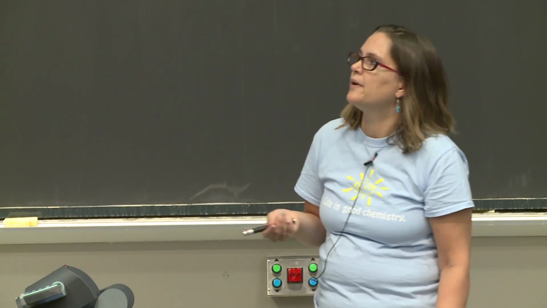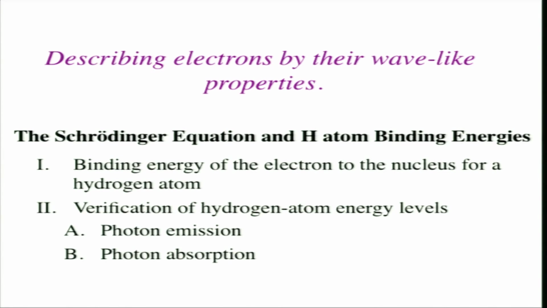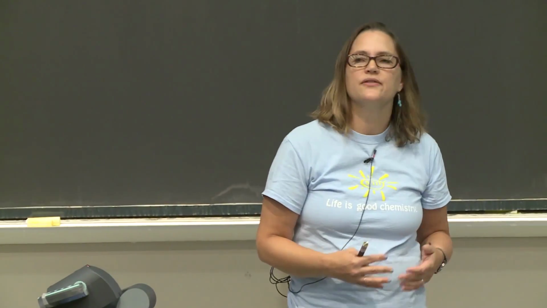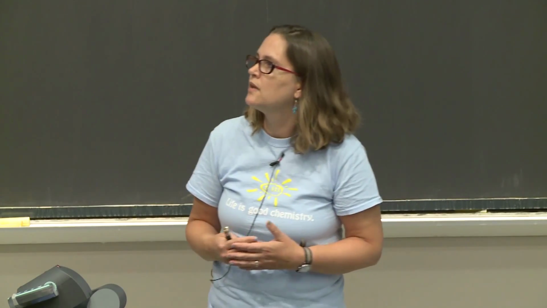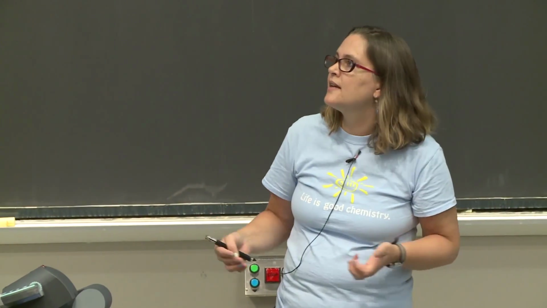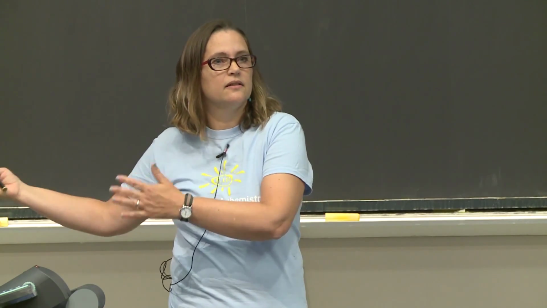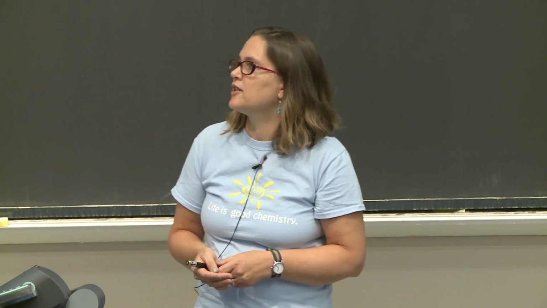All right, so talking about these binding energies now, out of the Schrodinger equation, you can calculate ionization energies if you know the binding energy. All of this is good, but how do we know that we can trust the Schrodinger equation, that those equations really are working? So the way that they figured this out is from experiment, and particularly experimentally figuring out what the energy levels were and thinking, does this match with the Schrodinger equation?